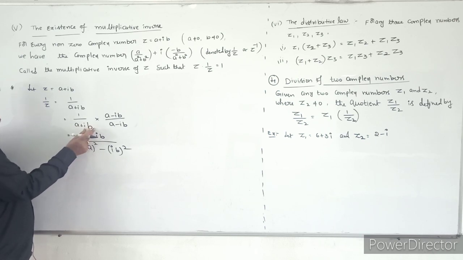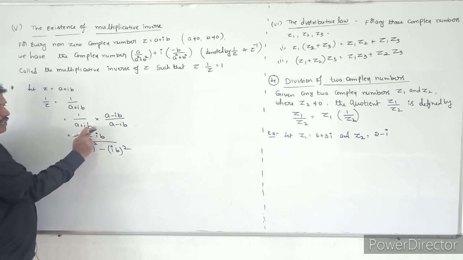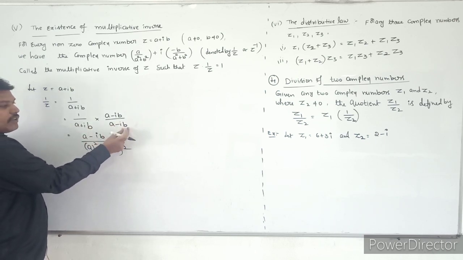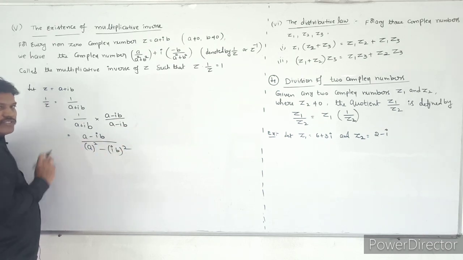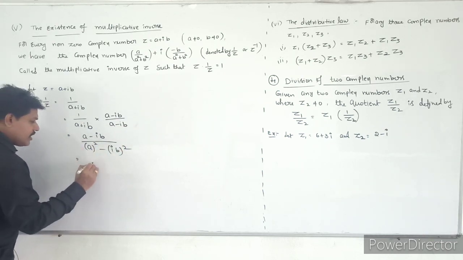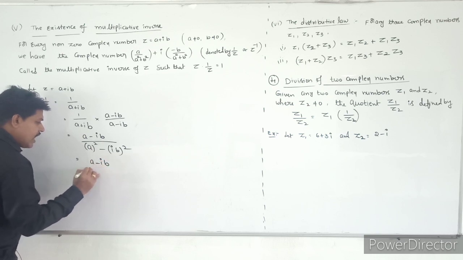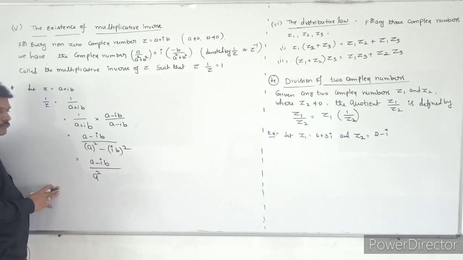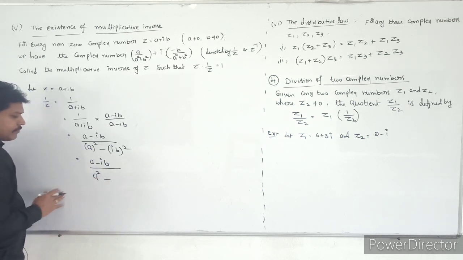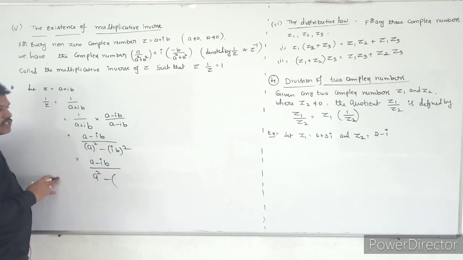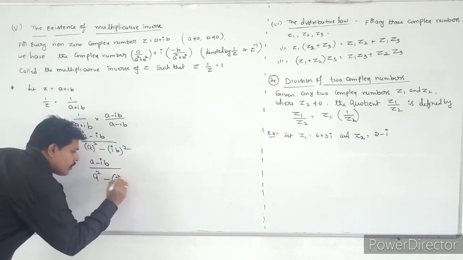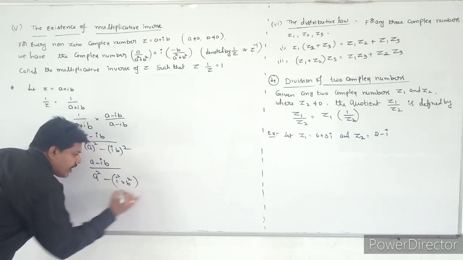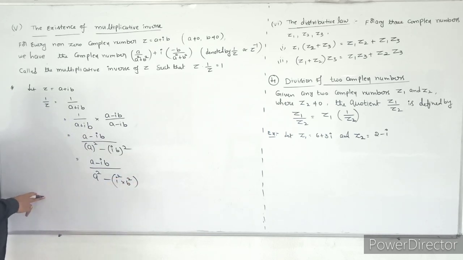So we get a minus ib by a square minus ib whole square, and ib whole square is nothing but i square into b square.